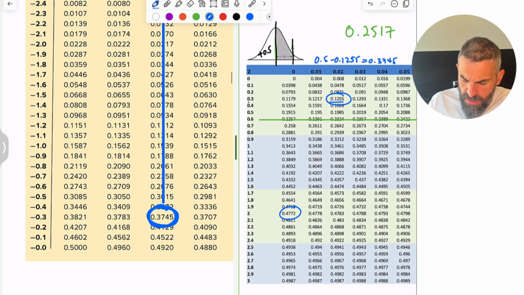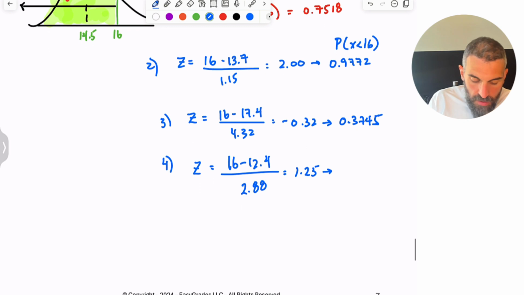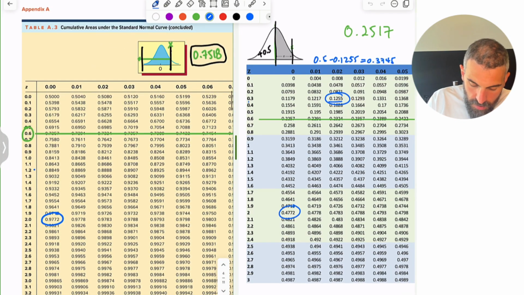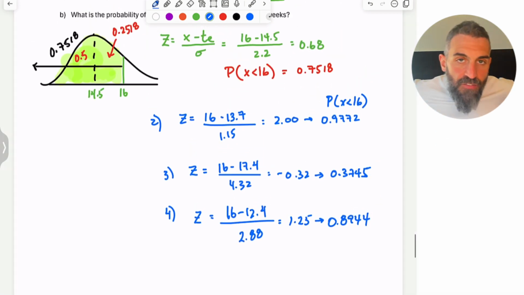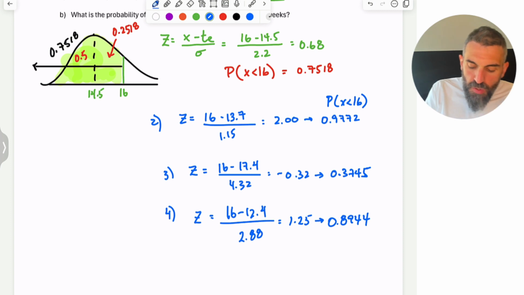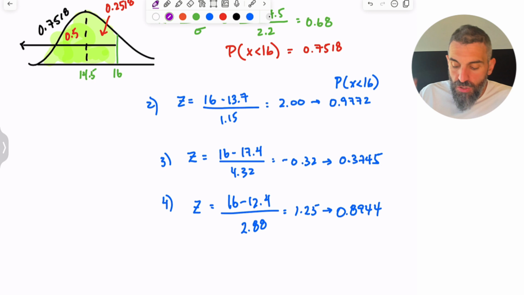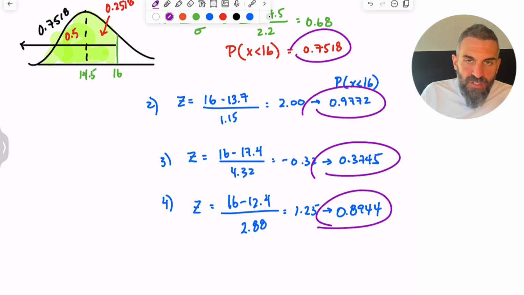Let's go back. So 0.3745, and now positive 1.25, so 1.2 and 5, 0.8944. Okay. So we have the probabilities now for every one of those paths. So to know the probability of the entire project being completed on time, because these are independent, you need to multiply each of these. Why? Well, think about your stats class.